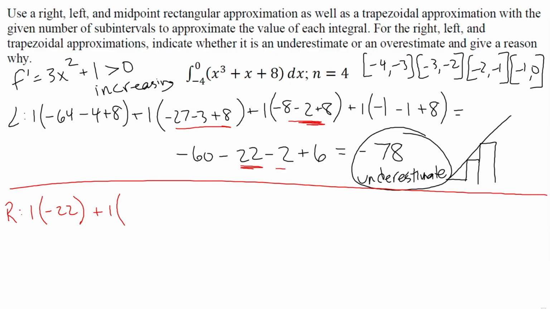Well, the value at -2 was -2. And then the value at -1 was 6. Right, and then we need 1 times the value at 0. Well, this value at 0 is just going to be 8. And so if I add all of these together, -22 minus 2 is -24, plus 6 and plus 8 is plus 14. So -24 plus 14 is -10.